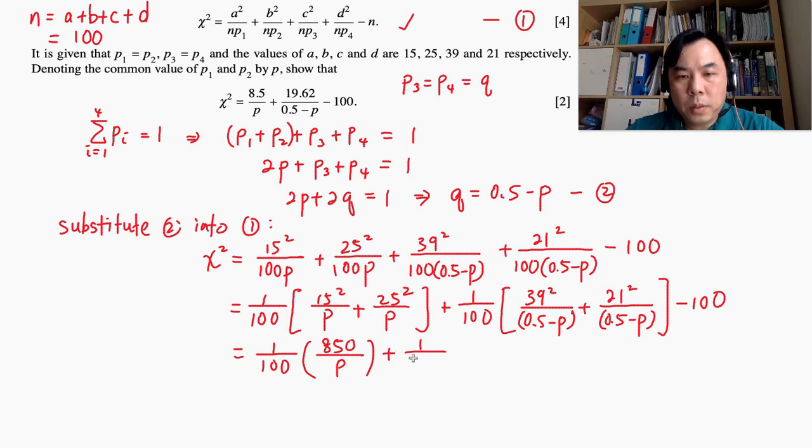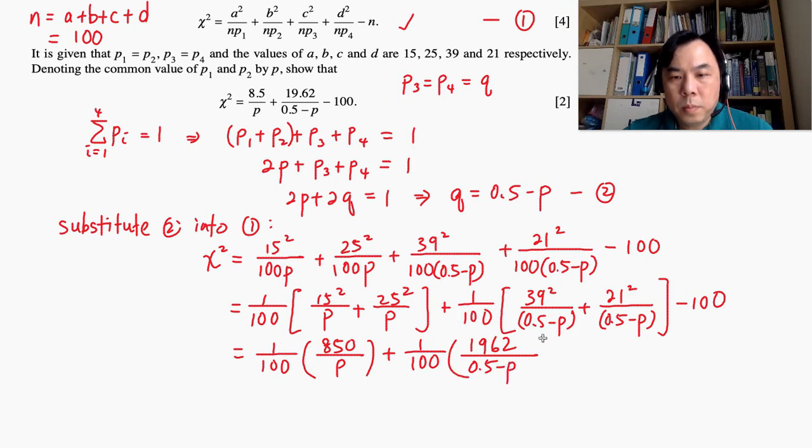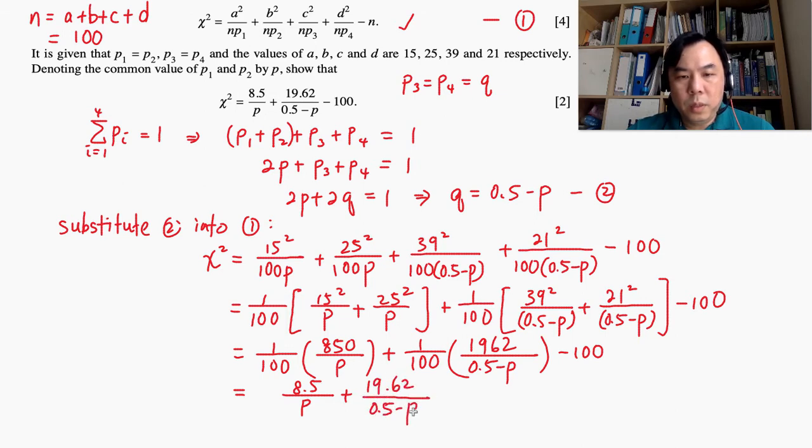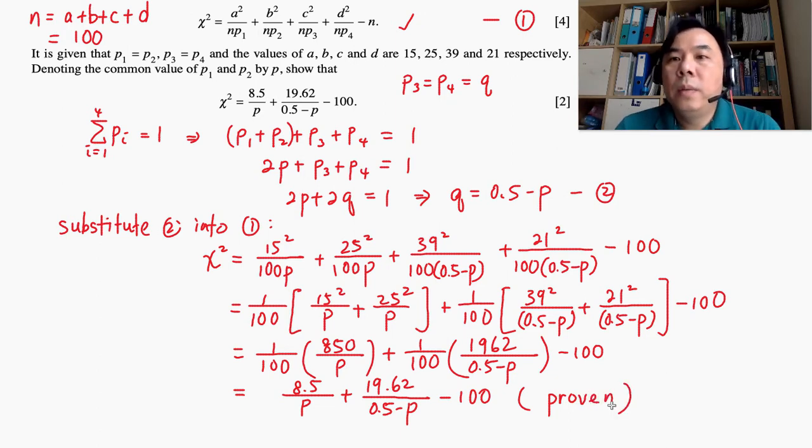And then this part here would be 1962. All right, so if you simplify that, you will get 8.5 over p, 19.62 over 0.5 minus p, and then minus 100, right? So we managed to prove this second expression of chi-square after you simplify it, right? So stay tuned for the next section shortly.